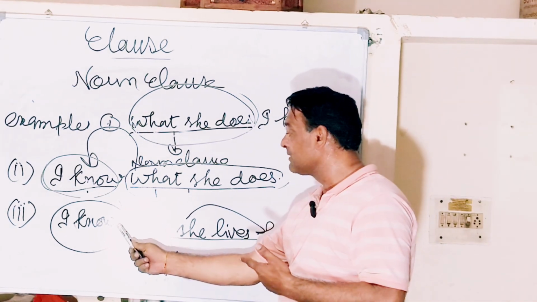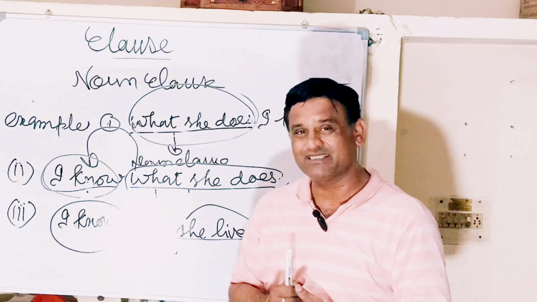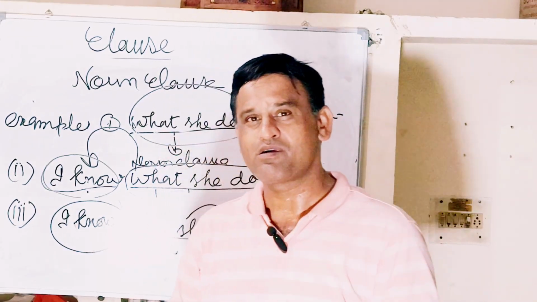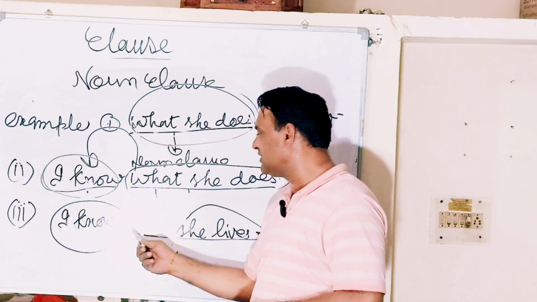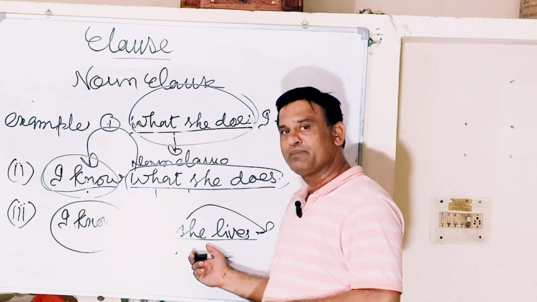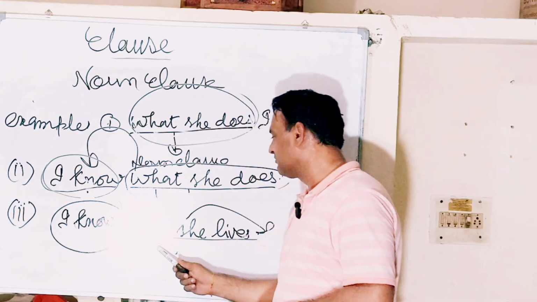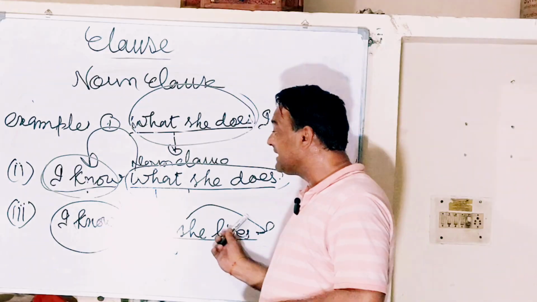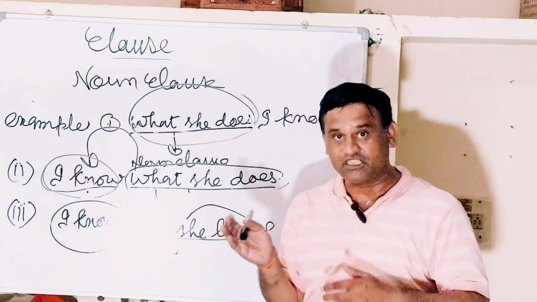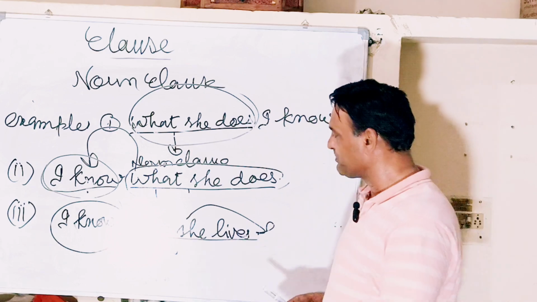What do I know? Where she lives. And where she lives, suppose it is Dewas. If you write it another way, I know she lives in Dewas. So the thing that is not clear in this sentence is a noun. The answer is expected to be a noun, and therefore it is a noun clause.